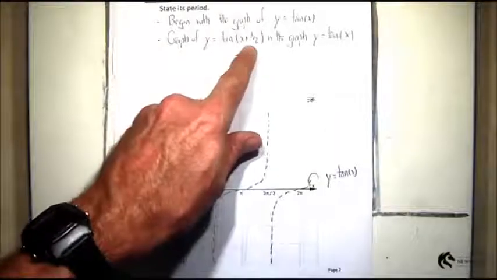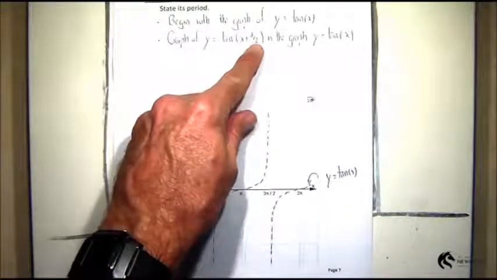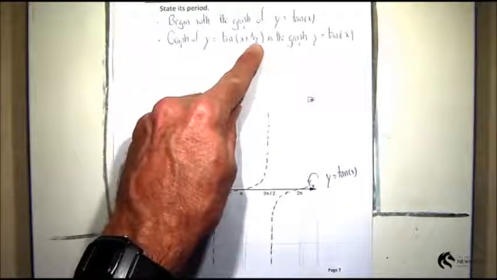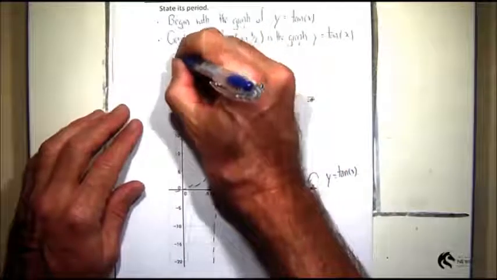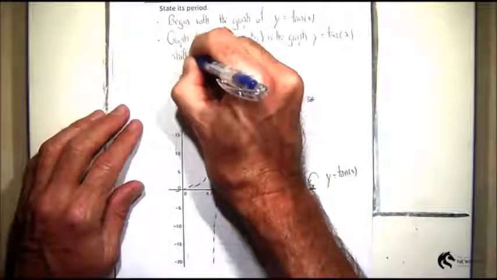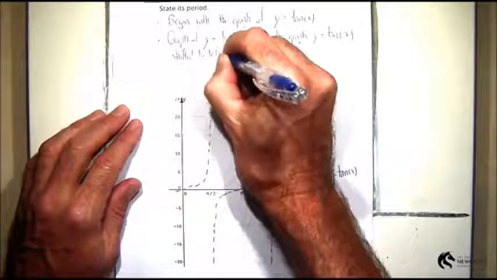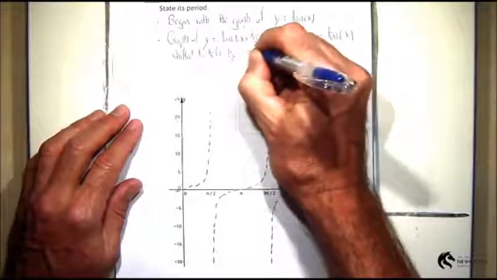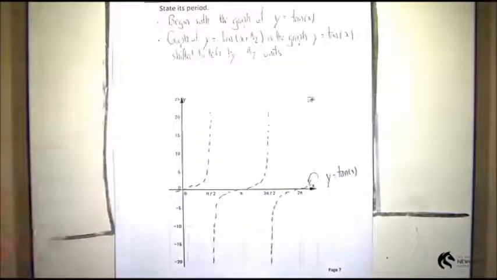Because that's a plus, it will move our graph to the left, and because that's a pi on 2, it will move it to the left by pi on 2 units. So it will be the graph of tan x shifted to the left by pi on 2 units.